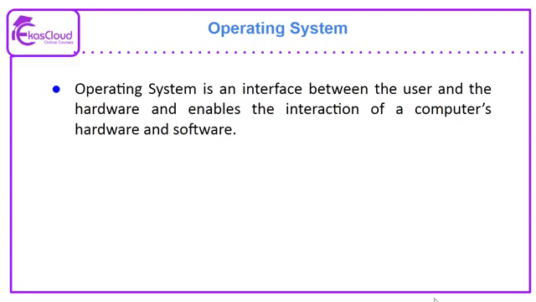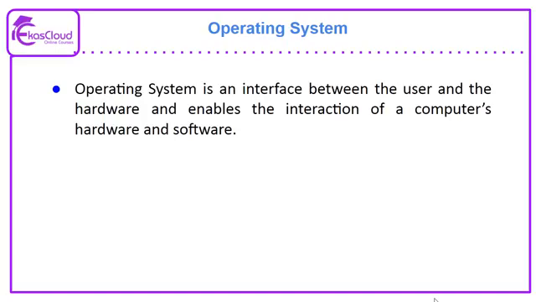Generally a user cannot interact with the hardware directly, so the interaction between user and hardware happens through the operating system. The operating system only knows the hardware language, and it enables the interaction of computer hardware and software. Once again, direct user interaction with hardware is not possible; the operating system sits in between.